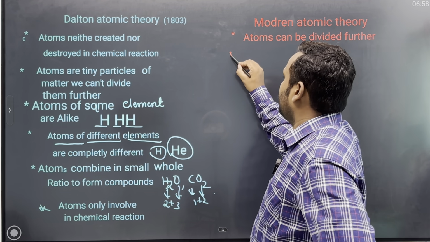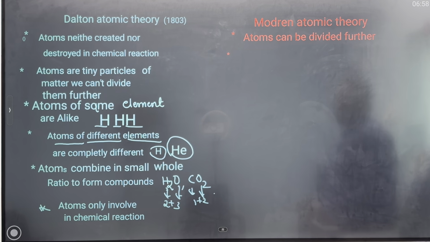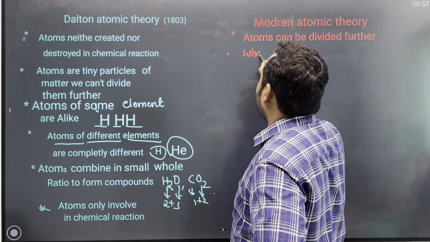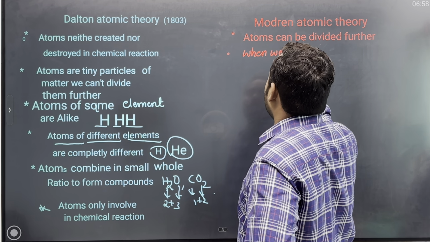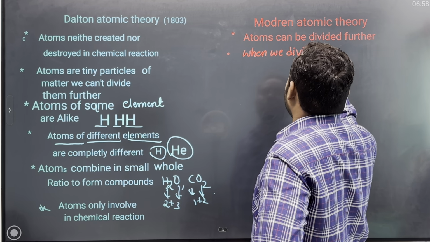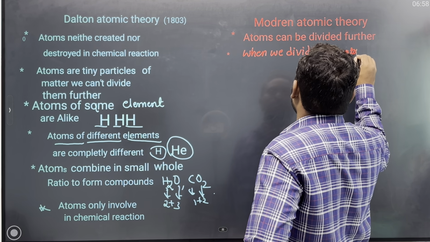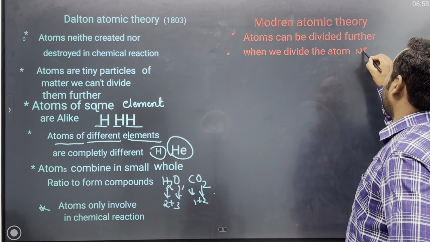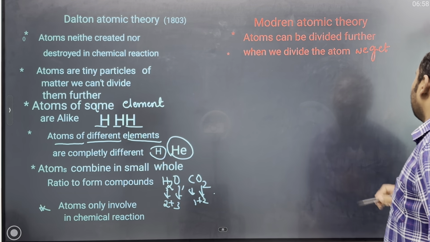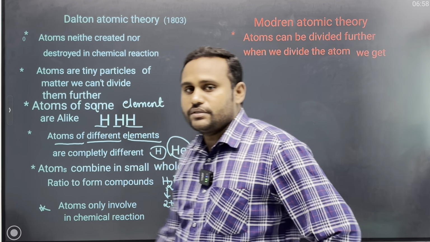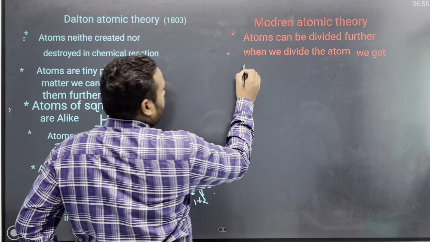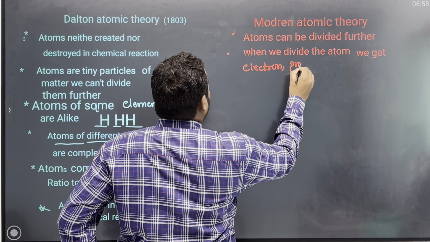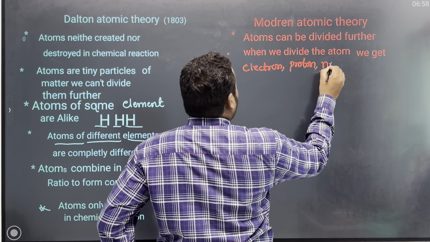Next, when we divide the atom, we get electrons, protons, neutrons.